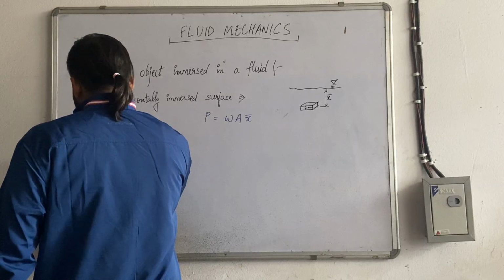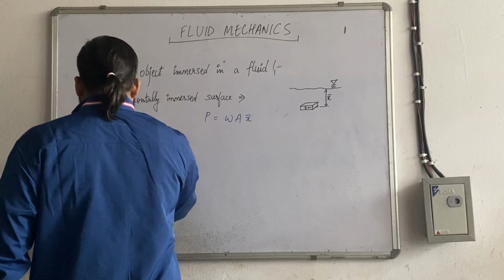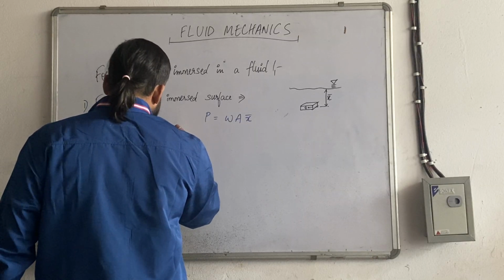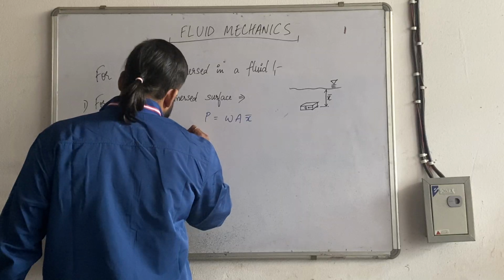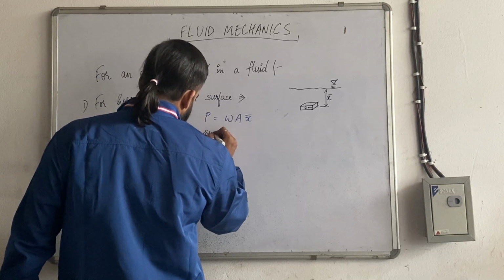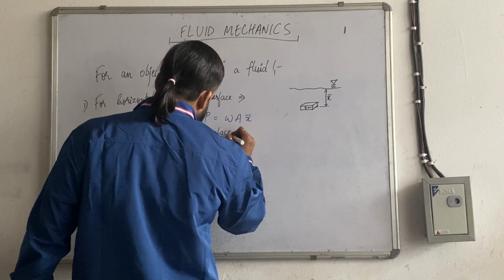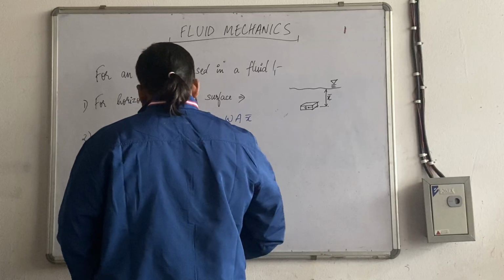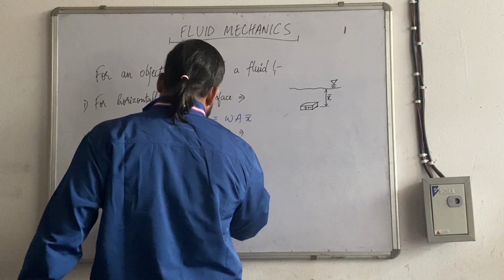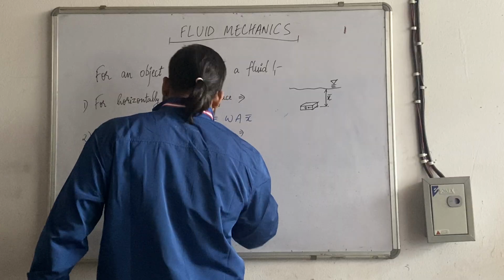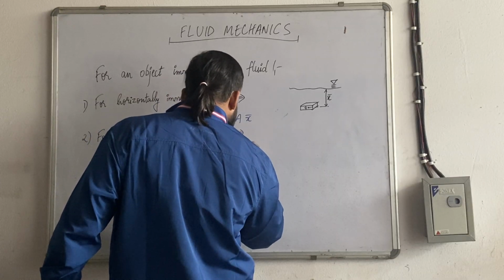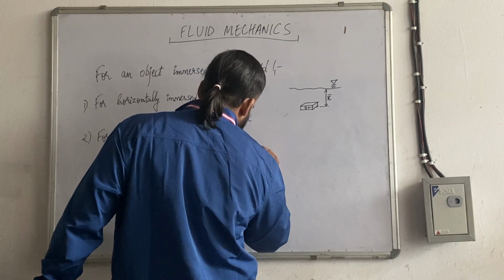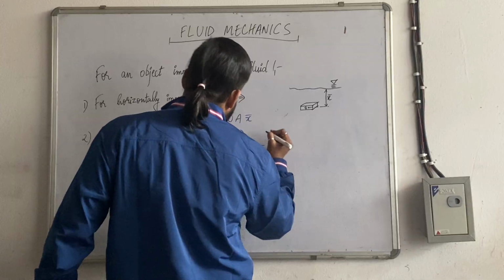Second condition arises for a vertically immersed surface, which can also be calculated by h bar and written as Ig upon Ax bar plus x bar.